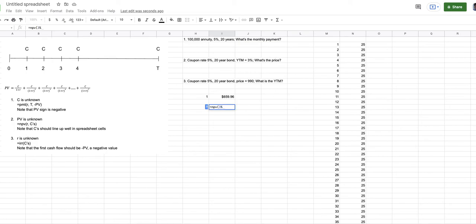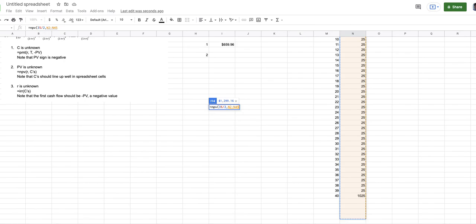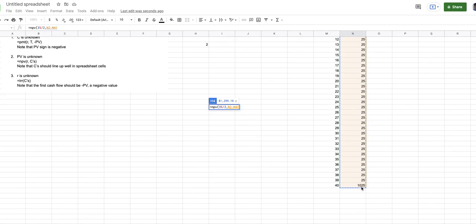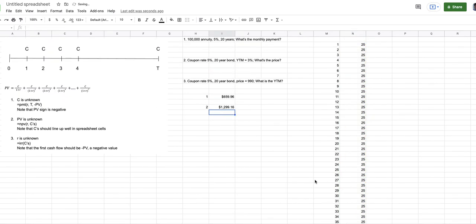But remember, 3% is an annual rate, and whenever we are doing this discounting, we are looking at 6 months for each period, so you need to divide by 2. The next input is simply the cash flows, so let's select all of them. We get a bond price which is over $1,000, and because the yield is only 3% while the coupon is paying you 5%, it sells higher than the par value. That's understandable.